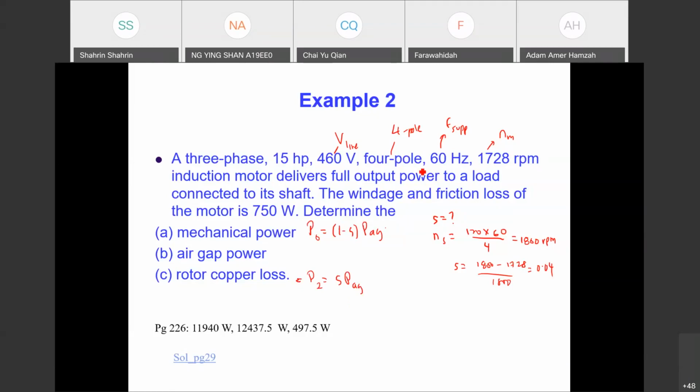And power air gap is your input power actually. Then windage and friction loss.